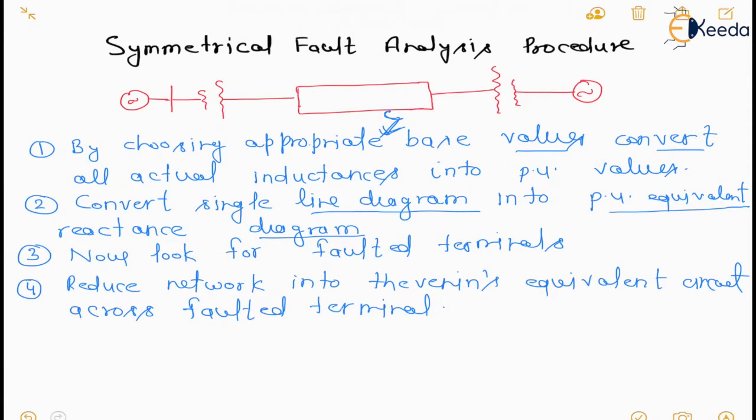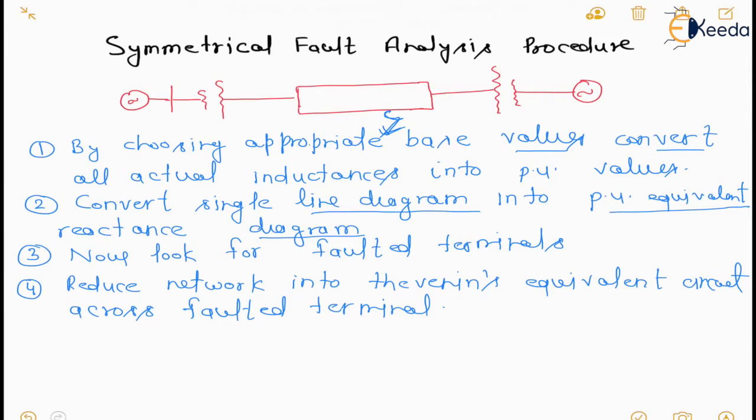And then what we are going to do is reduce the network into Thevenin's equivalent circuit across the faulted terminal. When we spot the fault, we are going to find the Thevenin's equivalent across that fault.